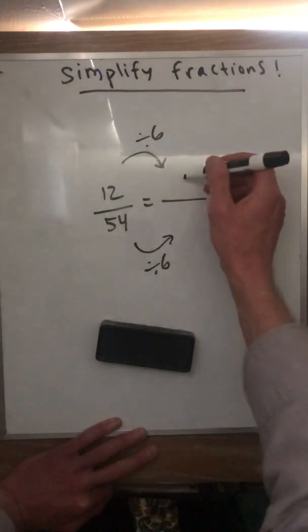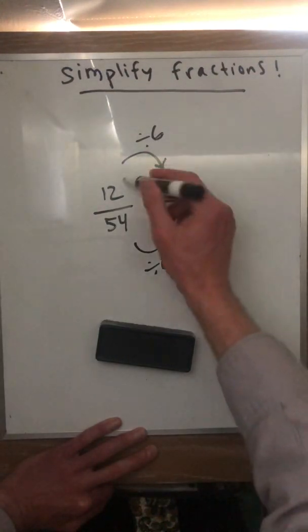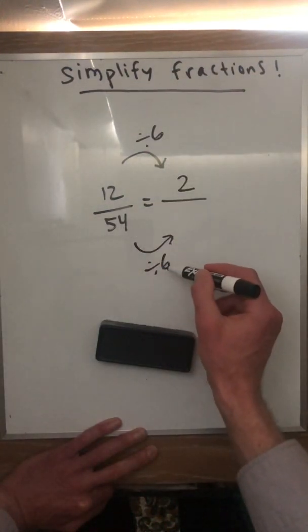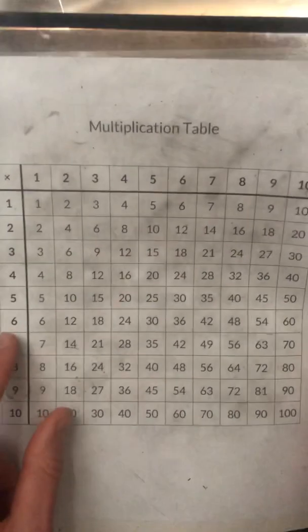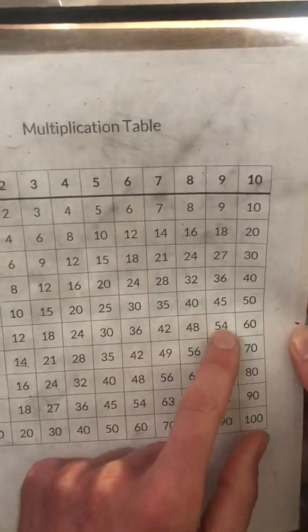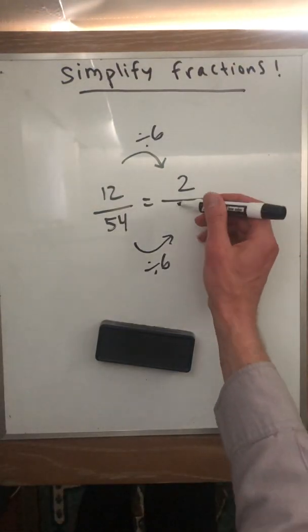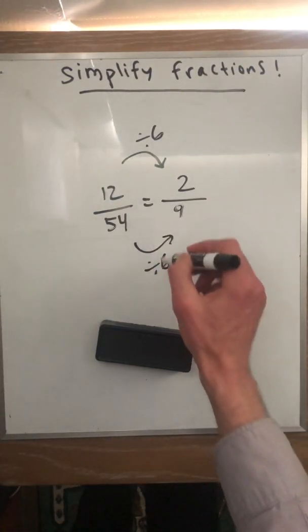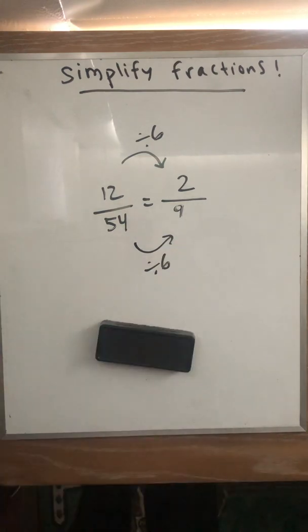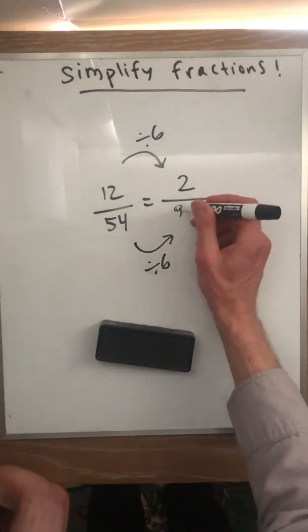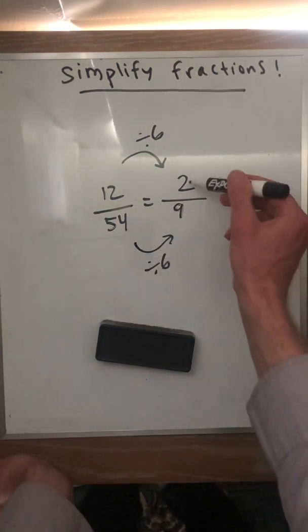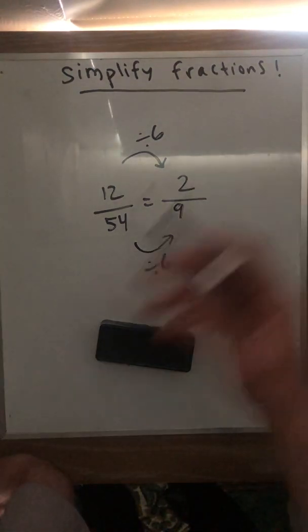So 12 divided by 6 is 2, because 2 times 6 is 12. 54 divided by 6 is, do you remember? 6 times what is 54? 6 times 9 is 54. So 54 divided by 6 is 9. So it's 2/9. And I think that's finished, right? Because we can half 2, but not 9. So that's done.